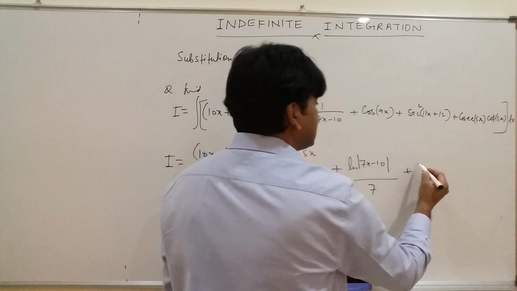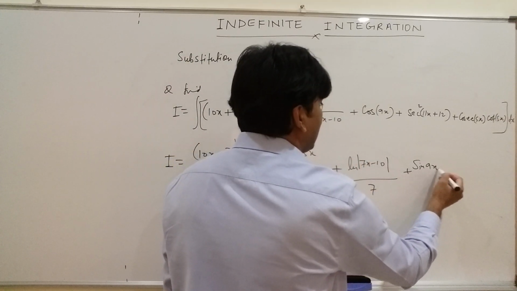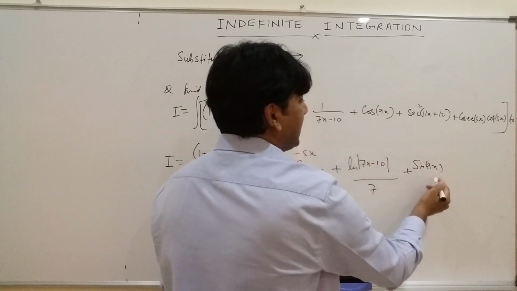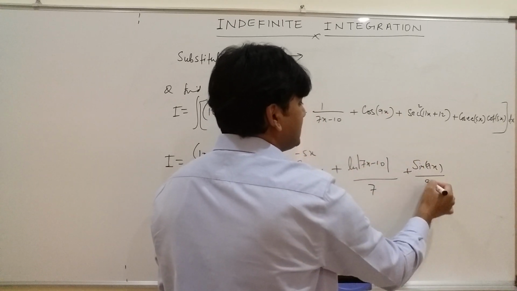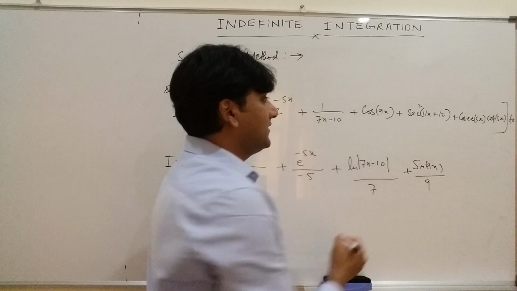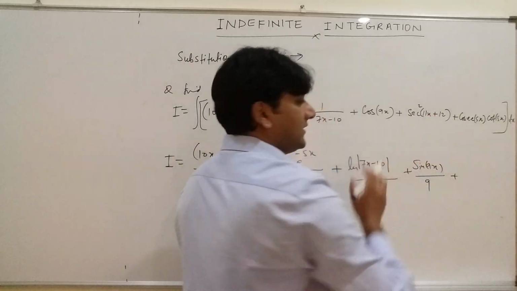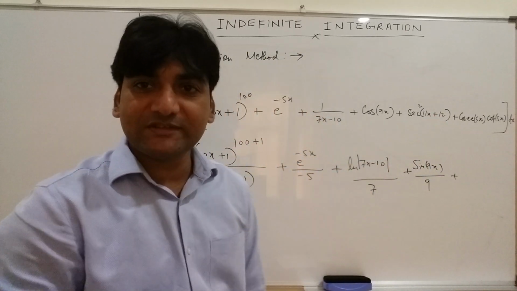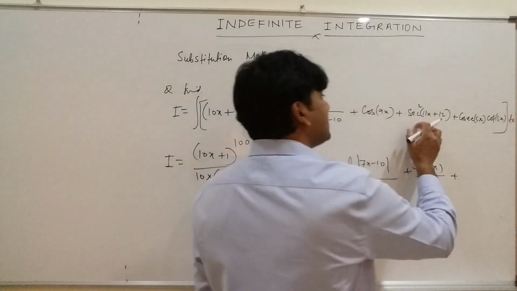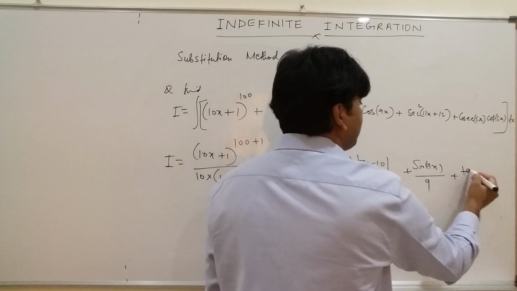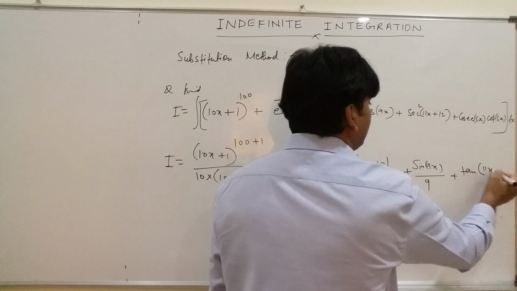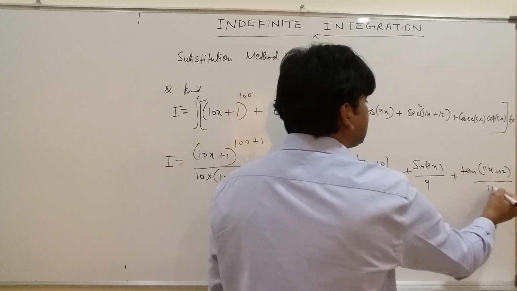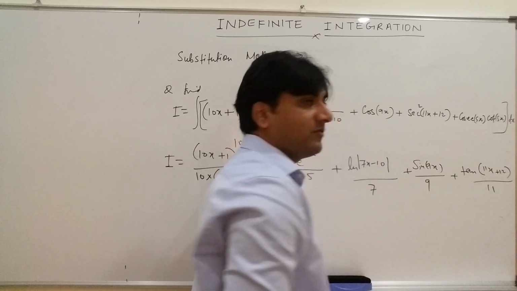So this is sin 9x, because cos 9x, so sin 9x, but the x coefficient is 9, so the denominator will be 9. Now this is sec square, and sec square x integration was tan x. So sec square (11x + 12) gives tan of (11x + 12), but the x coefficient is 11, so 11 will be in the denominator.